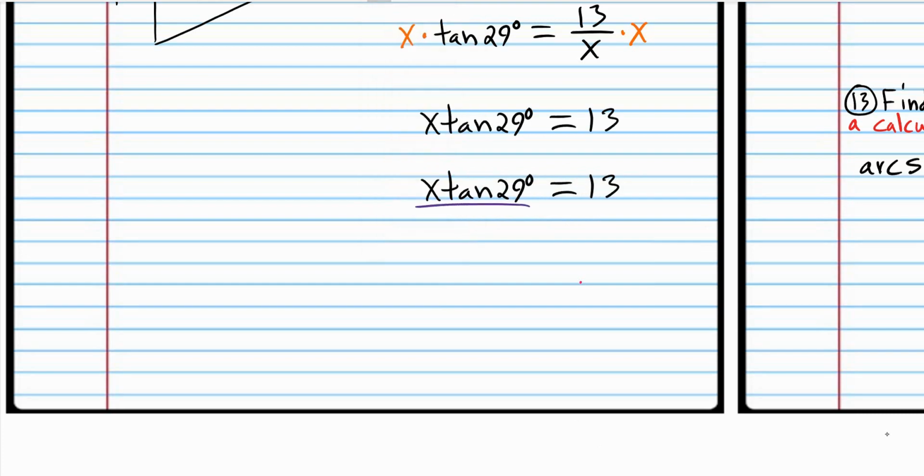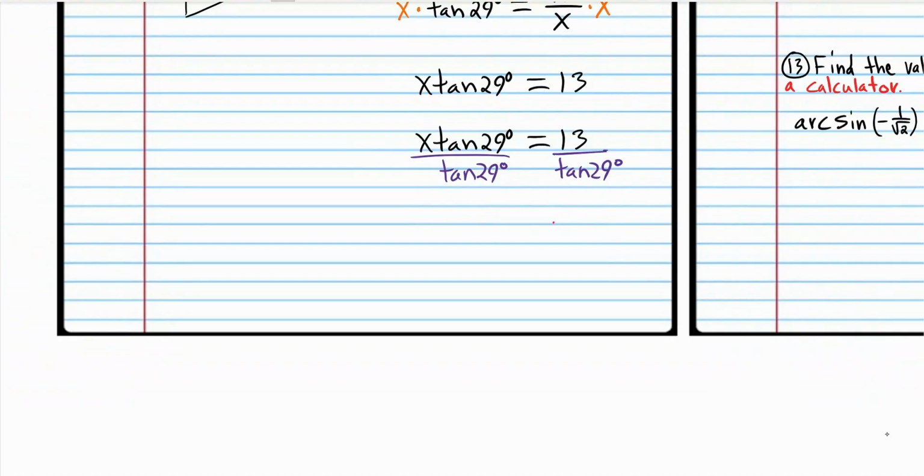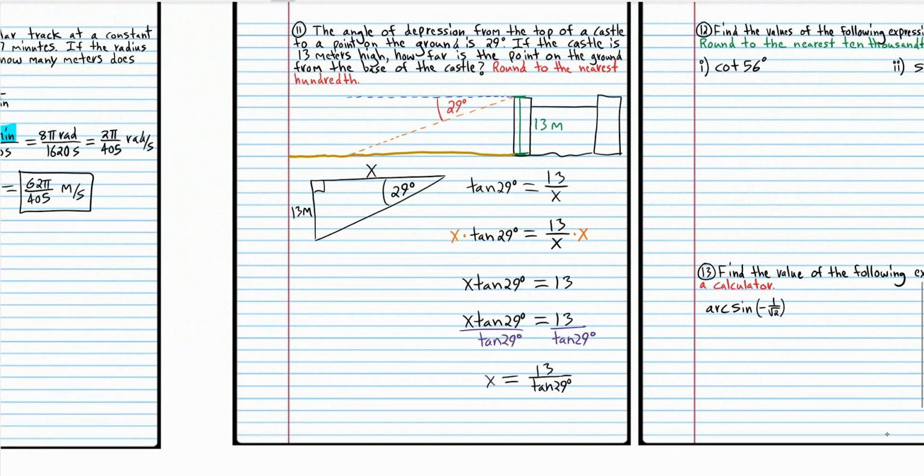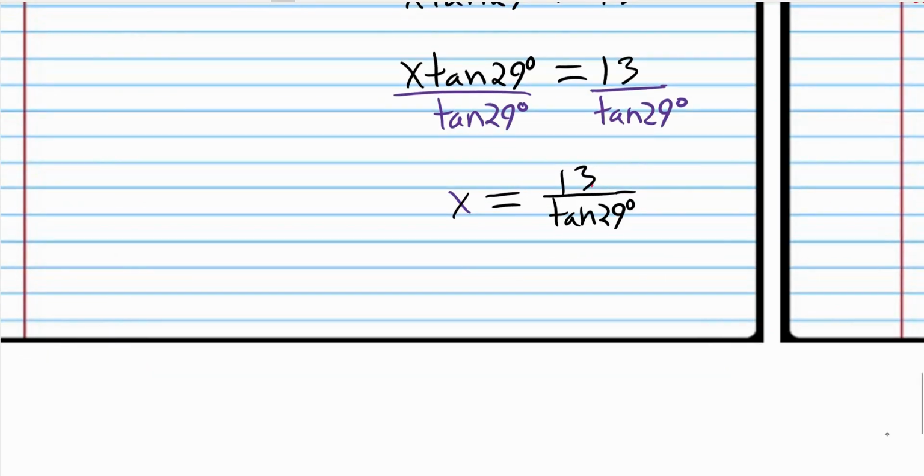Again, you don't have to show all these steps. You do have to show a little bit of work, but you don't have to show every step like I'm doing here.